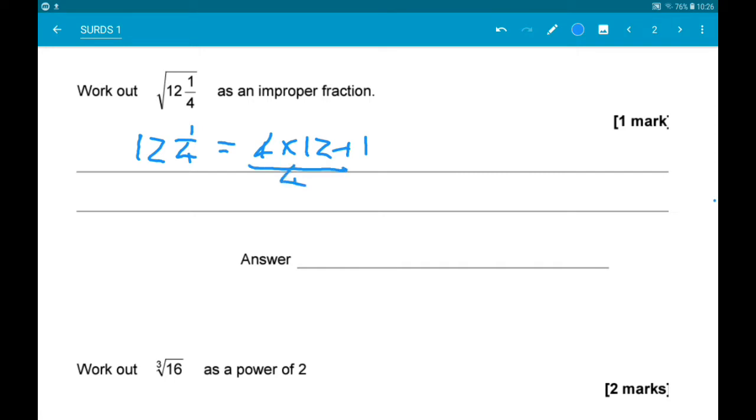So that is going to give us 49 over 4. So now we want to square root 49 over 4, which gives us 7 over 2.